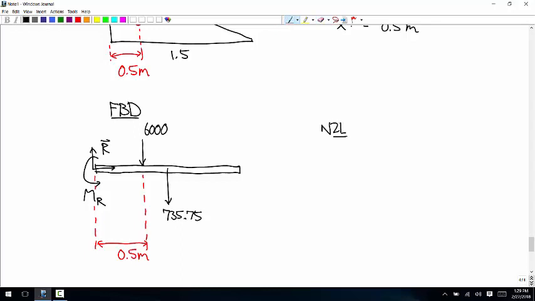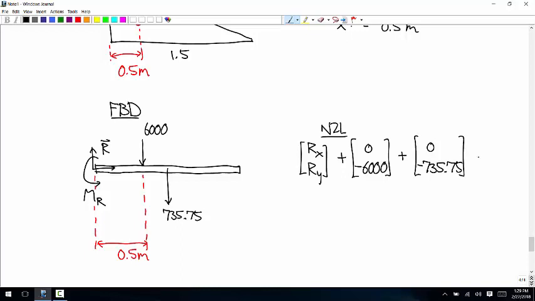So Newton's second law says Rx, Ry plus 0, negative 6,000 plus 0, negative 735.75 is equal to zeros.